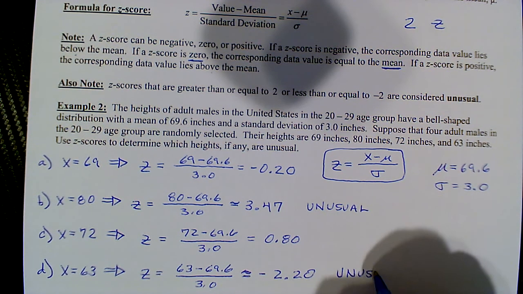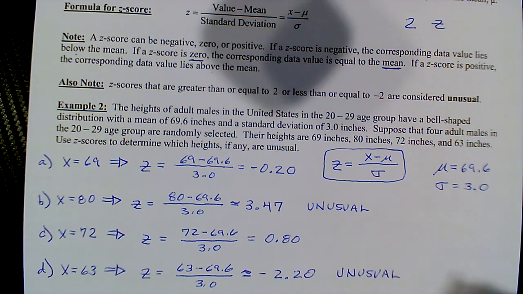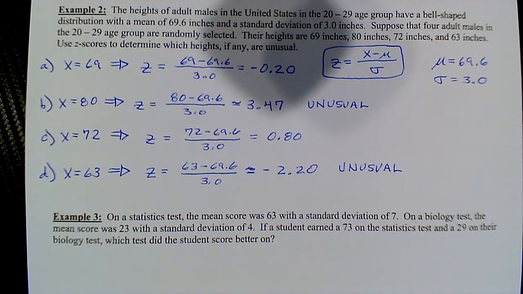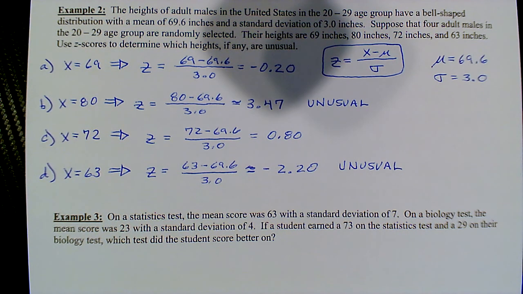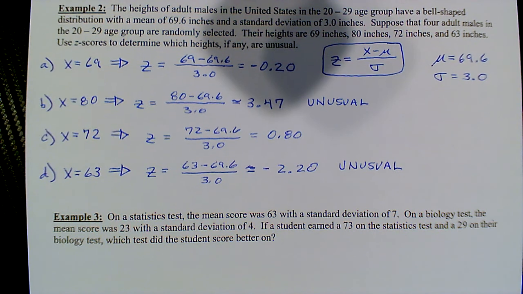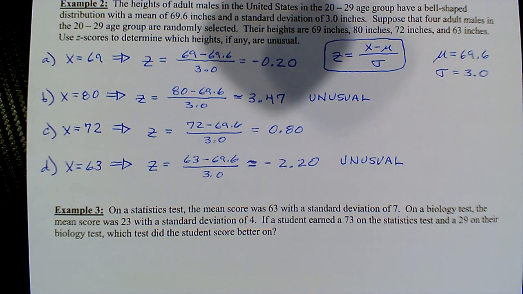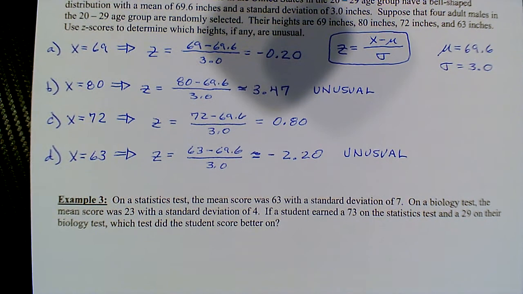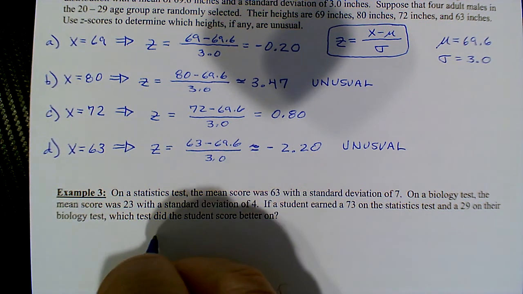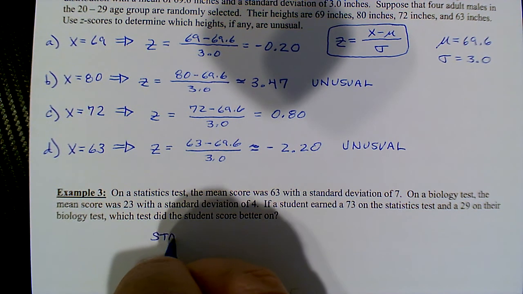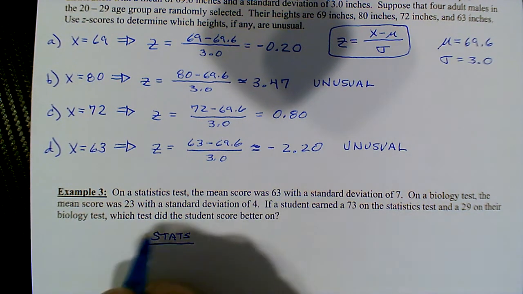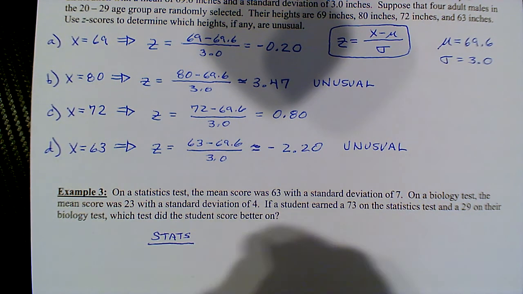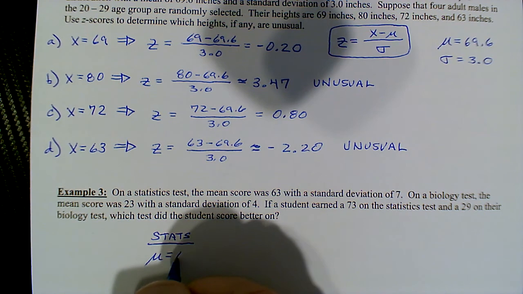So then a final example, basically just using z-scores in a different way. This person takes 2 different tests. A statistics test, so I'm going to set up the given values on the stats test. The mean was 63, and the standard deviation, so mu is 63, sigma is 7.